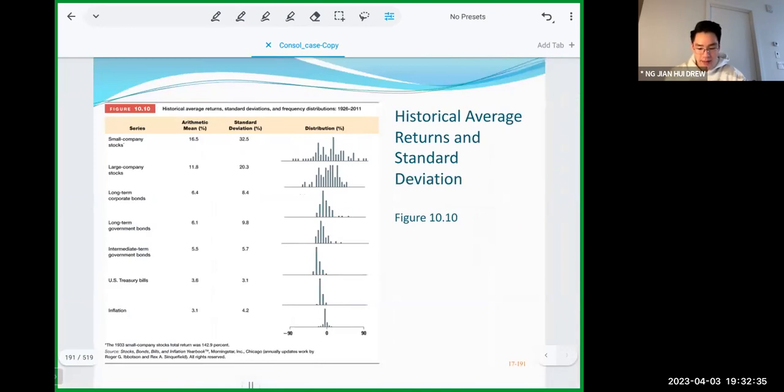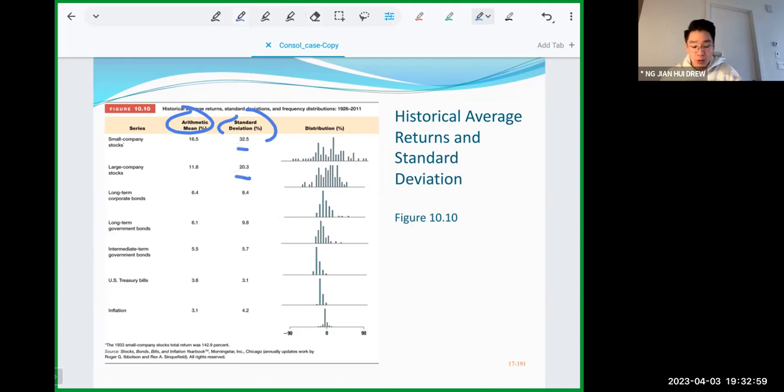So let's look at now the standard deviation. Can we see a very nice association or correlation between standard deviation and mean? If you notice, when the standard deviation is higher, remember standard deviation measures total risk.